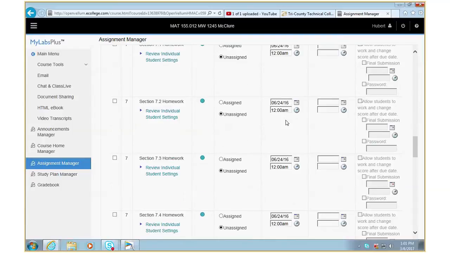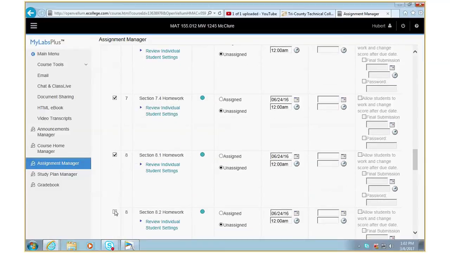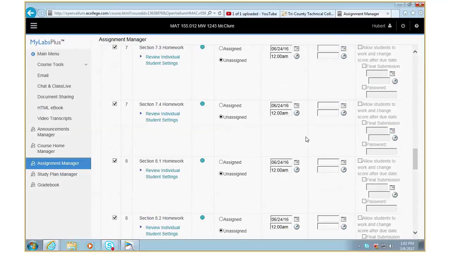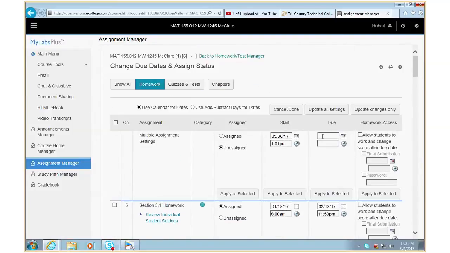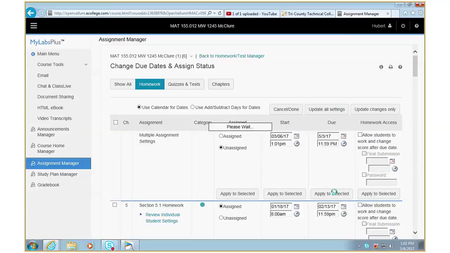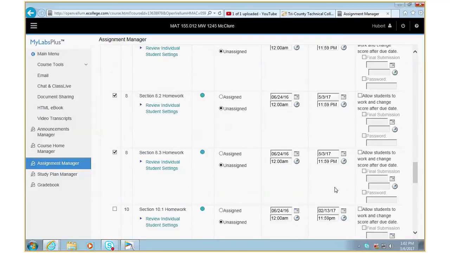We said 7.1, 2, 3, and 4, and then 8.1, 2, and 3. And I'll give y'all until the last day of exams for that also. May the what, 3rd? Oh, you need to assign.